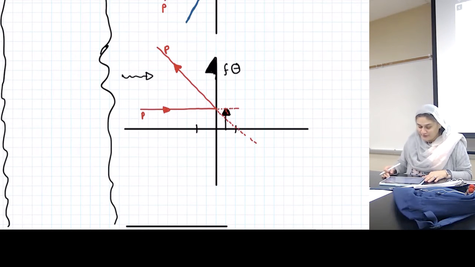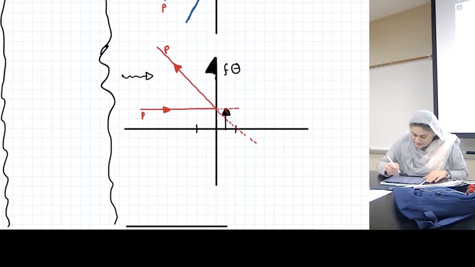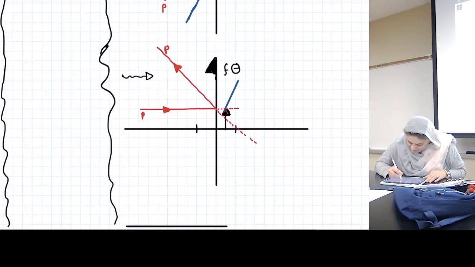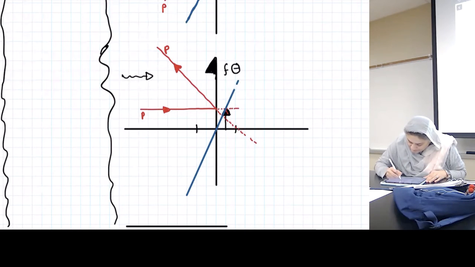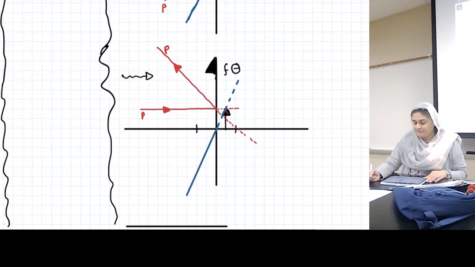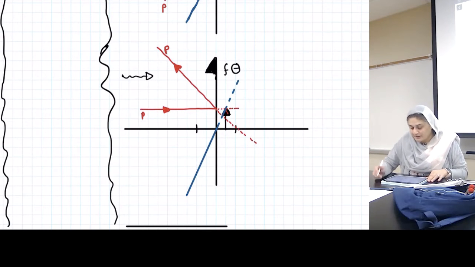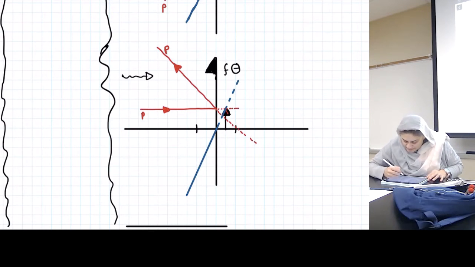And then the chief ray has to hit this point and that point. So this would be kind of like this, but it doesn't actually get there. Right?